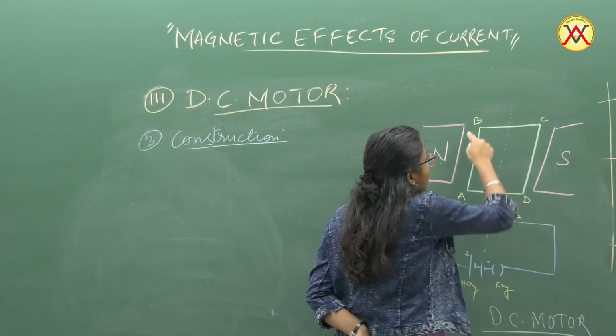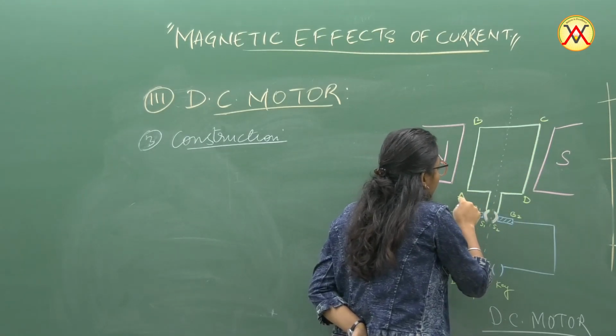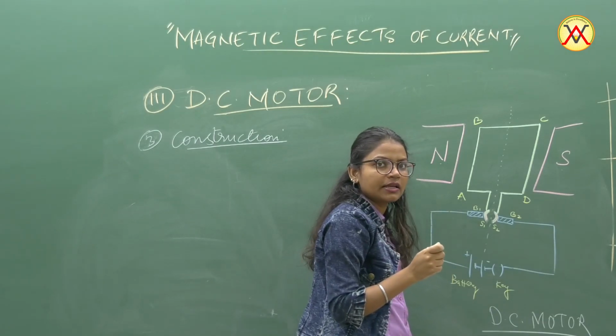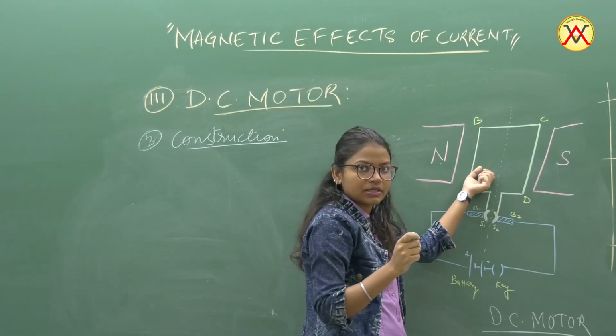Second one, a rectangular coil A, B, C, D of any conducting material. In most of the cases it is copper material.